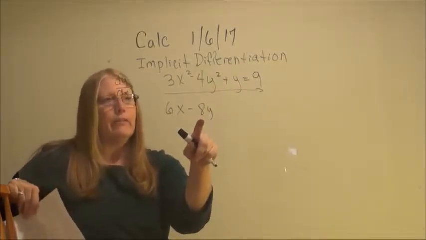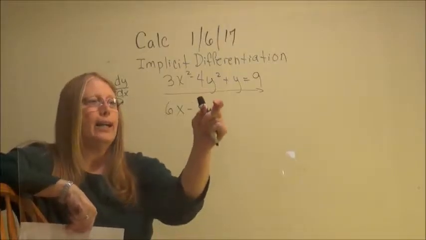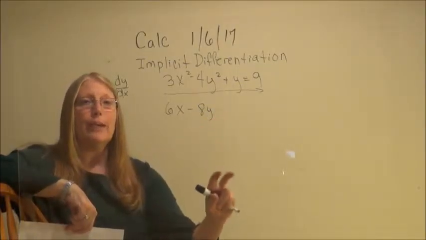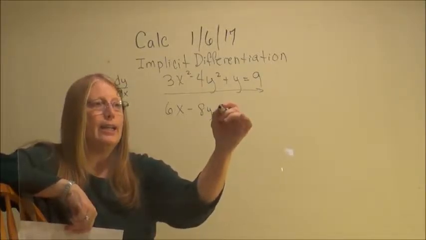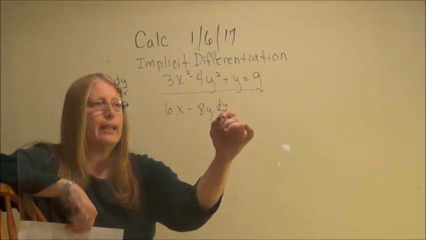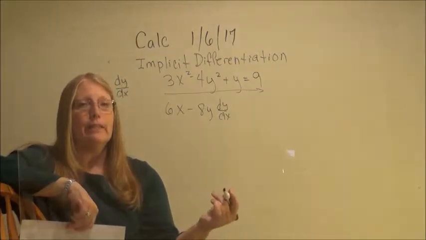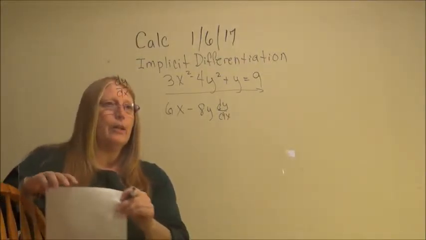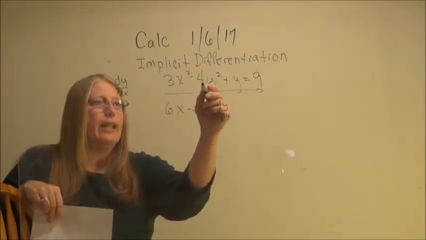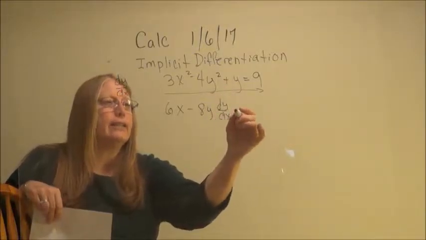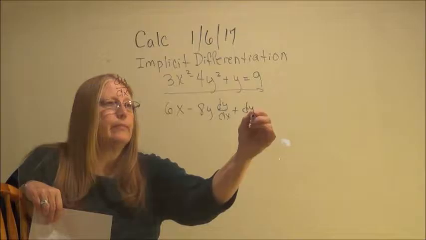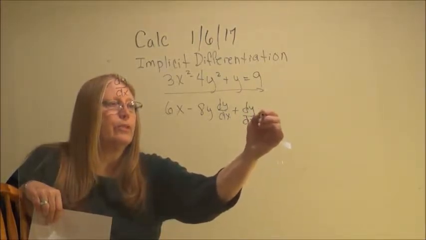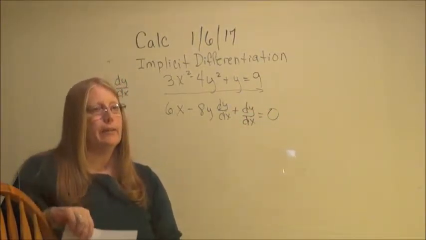But here, because y is representing an expression in x, we have to follow by dy/dx. Remember that step in implicit differentiation? So we do negative 8y dy/dx, and this is a 1 dy/dx, equals 0, the derivative of 9.